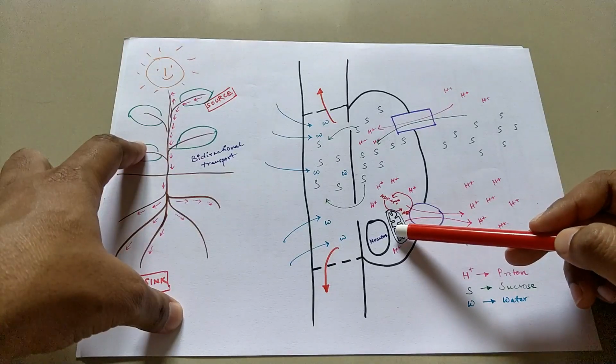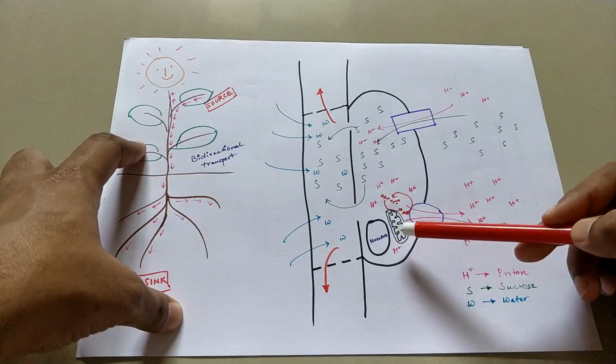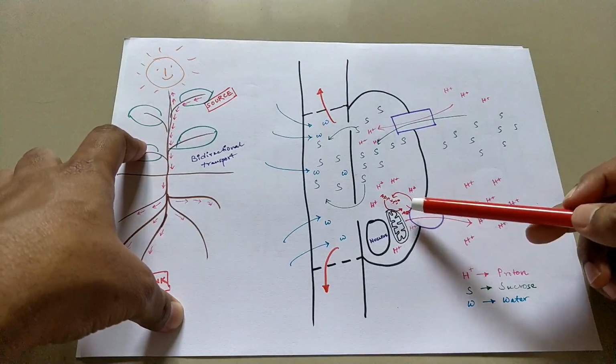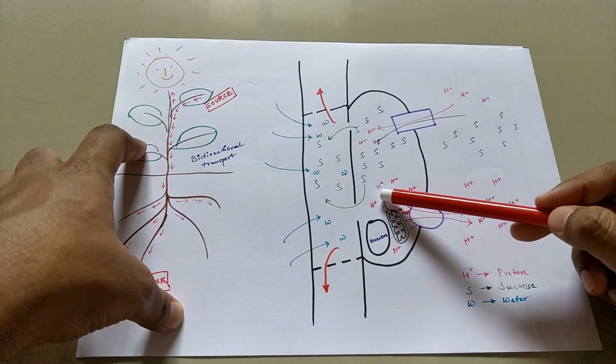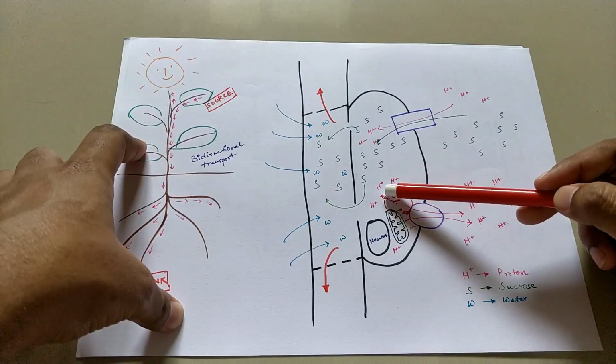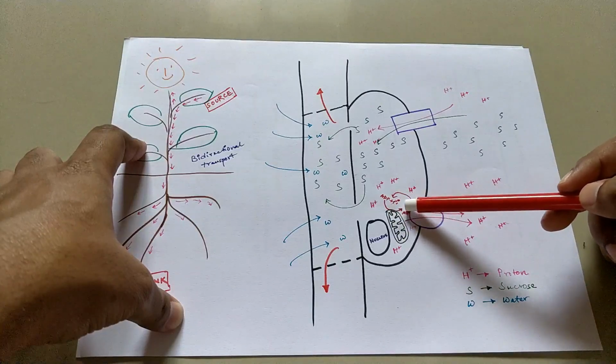Now, mitochondria. That means this is an active site of respiration. That means in this process, the raw materials which are needed for the ATP will be utilized, and in turn ATP will be formed.